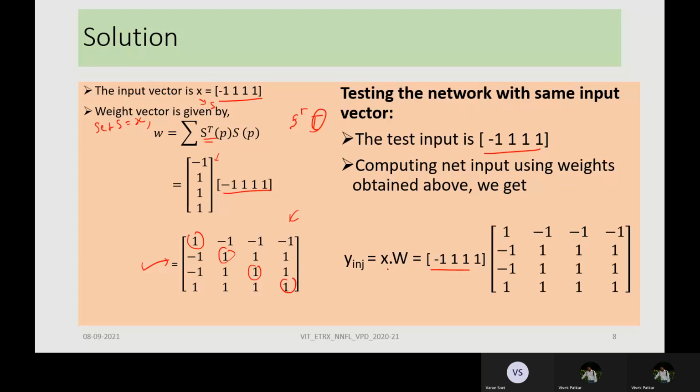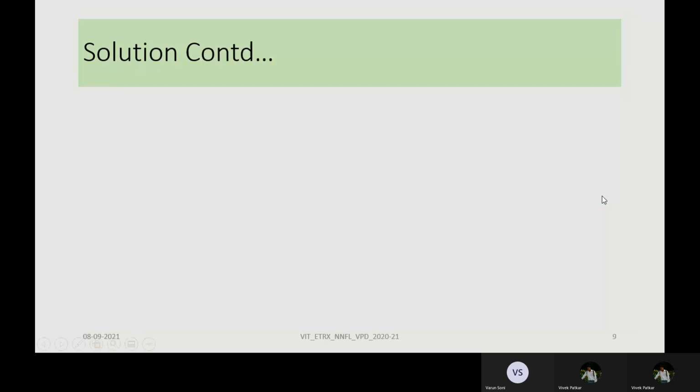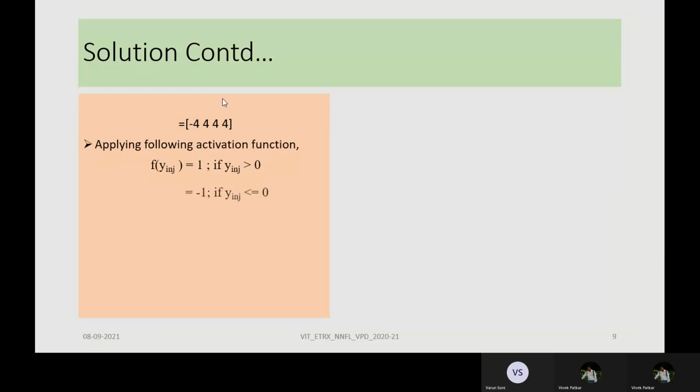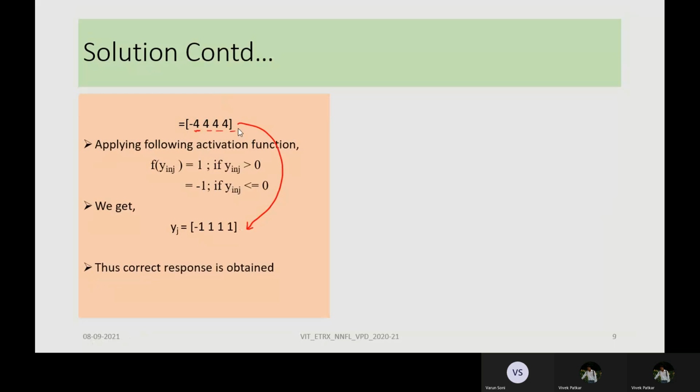Okay, so when we multiply this x dot w, we substitute these values and we get this minus 4 4 4. इसको अपन एक्टिवेशन फंक्शन लगाएंगे, which is given by: if y in is greater than 0 then 1, if it is less than or equal to 0 then minus 1. So if we apply the activation function to this, then we get minus 1 1 1. Yeah, and we see that it is exactly same as the input pattern.